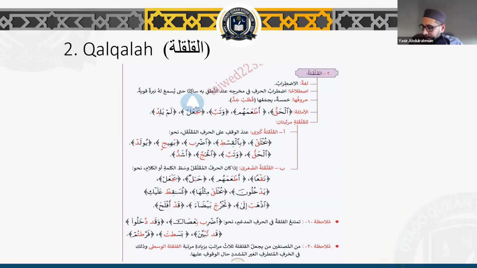So what happens with these 5 letters is that when it is emitted with the qalqala, when it's sakin, it's emitted by parting the 2 components of the articulation point again. Why do we focus on that parting? If you remember when we were talking about how the sounds are produced, we said the sakin letters, the non-vowel letters, are produced by closing on the articulation point, by hitting it.